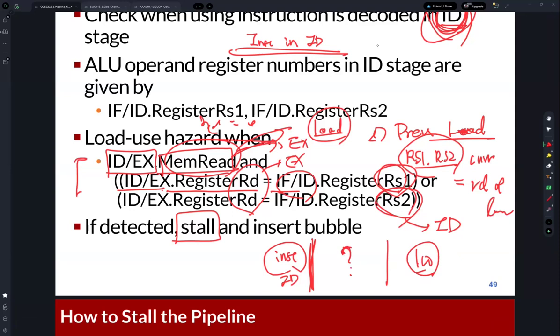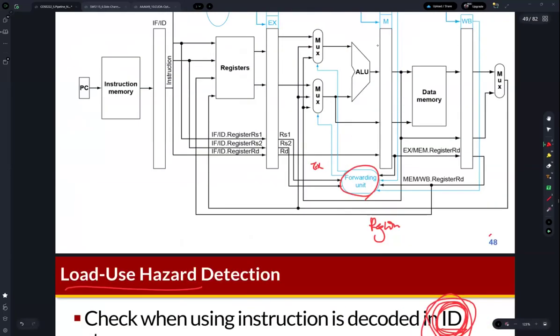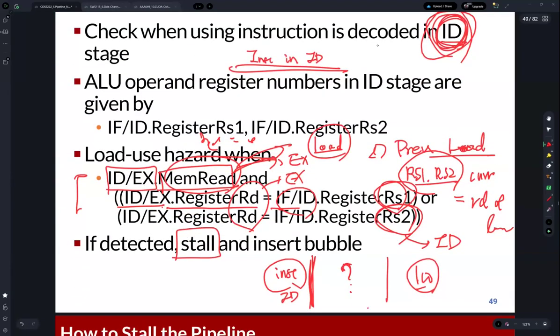Then how about the EX stage? In the EX stage, the processor does nothing, right? Do nothing. How? This is called the bubble. You can find the bubble here. If a pipeline stage does nothing, then we call it a bubble, right?